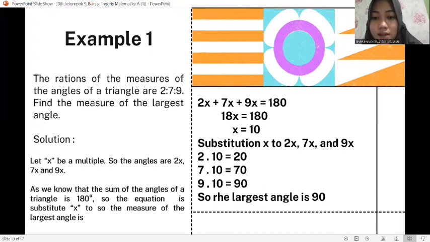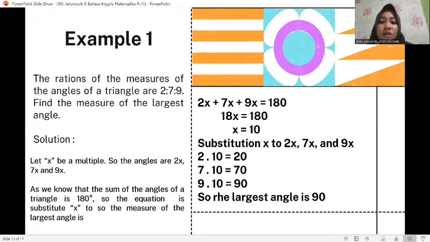So the equation is 2x plus 7x plus 9x equals 180 degrees. So 2x plus 7x plus 9x equals 18x. 18x equals 180. Dividing both sides by 18, we have x equals 10.